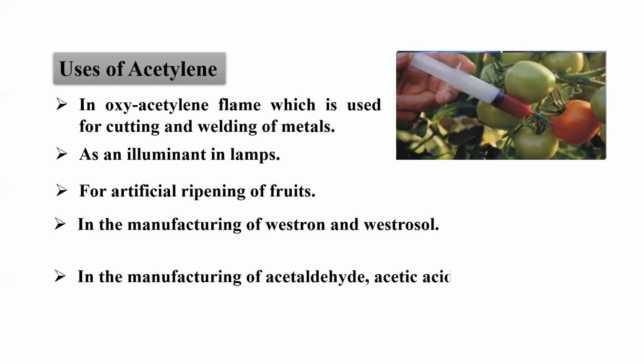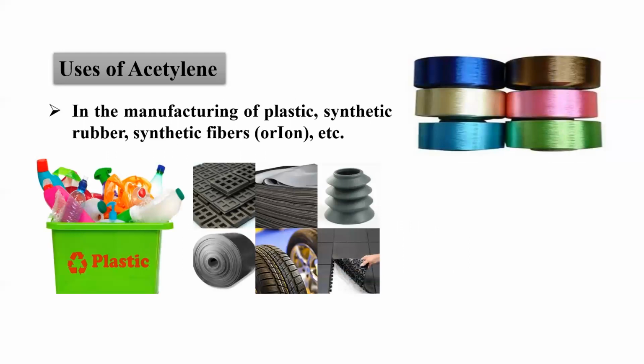In the manufacture of Westron and Westrosol. It's also used in the manufacture of acetaldehyde, acetic acid, oxalic acid, etc., which are very important industrially. It's also used in the manufacture of plastic, synthetic rubber, synthetic fibers like Orlon, etc. So these are some of the other common uses of acetylene. You can clearly see how much of these we use on a daily basis.